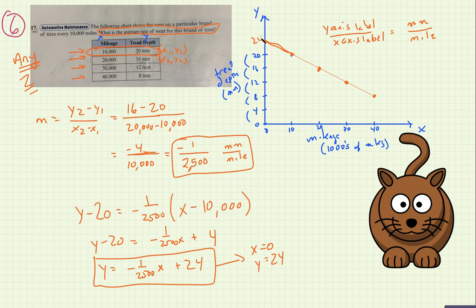It tells you a brand new set of tires has 24 millimeters of tread. Very cool. We can also go about figuring out, if we wanted to, when the tread is completely gone. And I'll let you figure that out on your own.